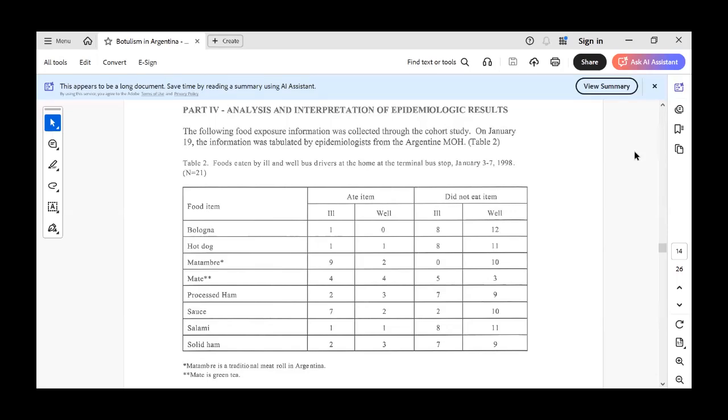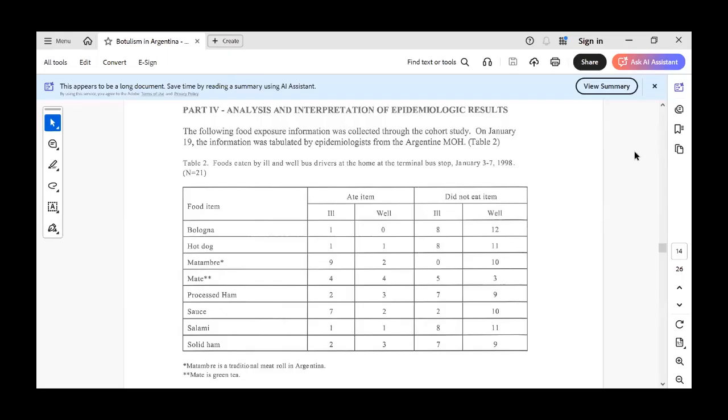So we have two that are significant, sauce and matambre. 82% of those eating matambre became ill, and none who did not eat matambre became ill. Almost all the persons who ate sauce became ill as well, 78%.